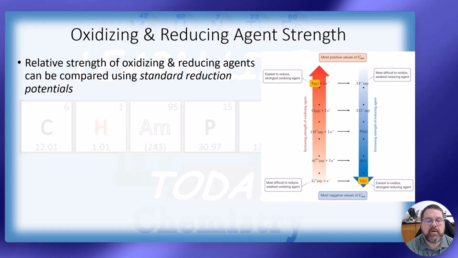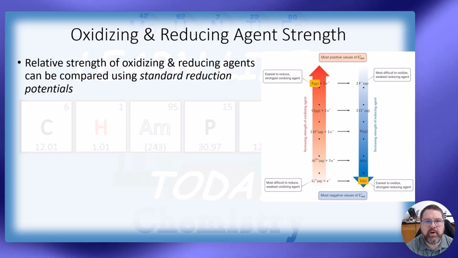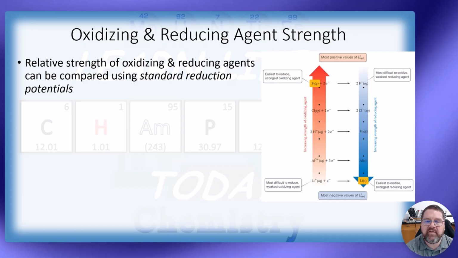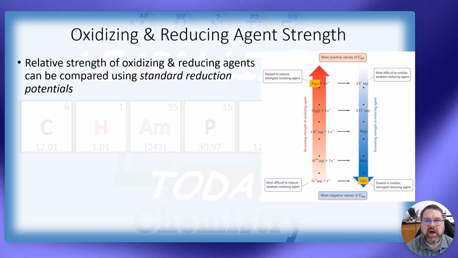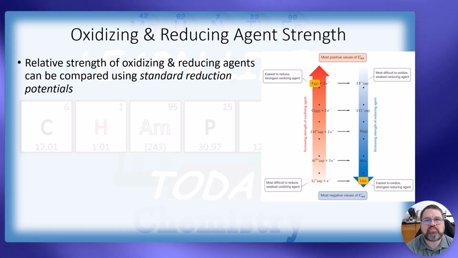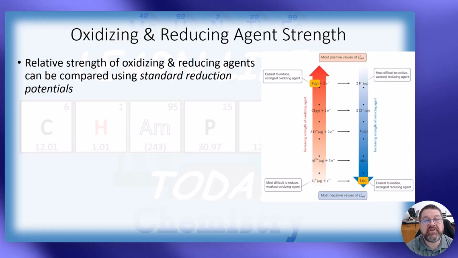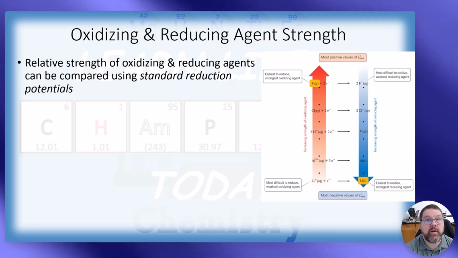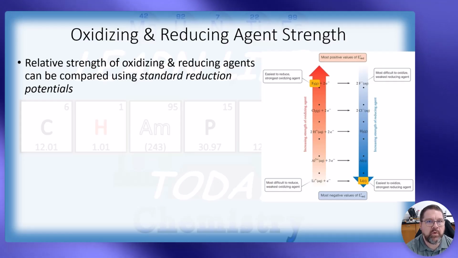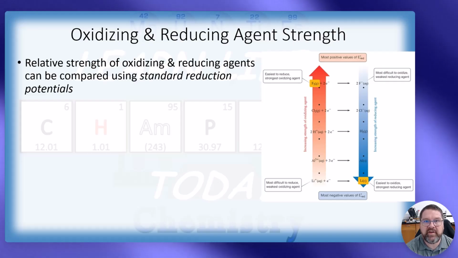It contains an equation that shows the reduction of a given species, and then it assigns a numeric value, usually expressed in electron volts or eV. And we use this not only for identifying the relative strength of oxidizing and reducing agents, but also for helping us to figure out the voltage or the electromotive force that is going to be generated in a voltaic cell.